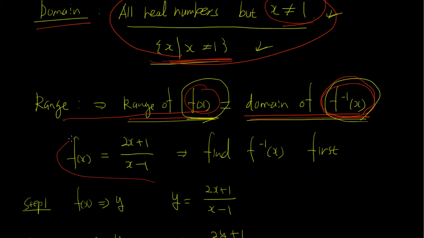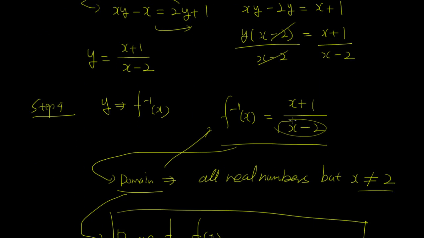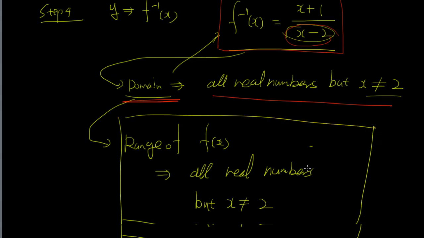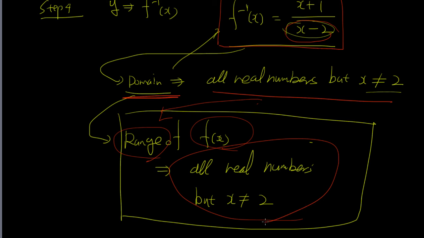We tried to find the inverse function first. So the domain of this inverse function, which is this, is the same thing as the range of the original function, which is this. Okay. All right.